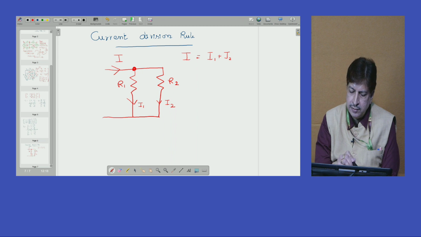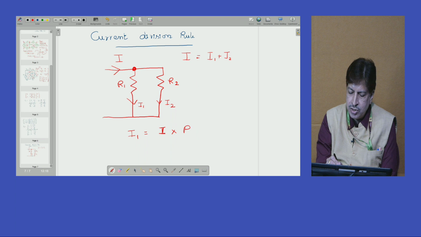Not only that, current I1 can be easily determined by applying the rule: total current into the resistance parallel to R1.